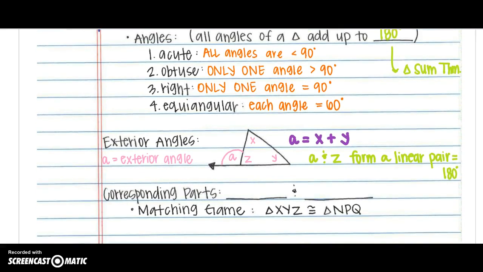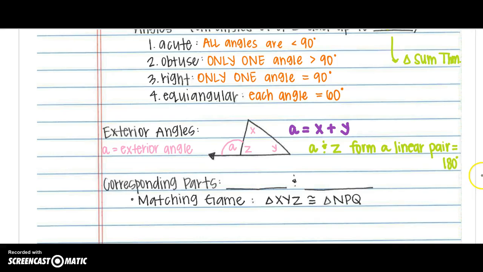All right, we have played the matching game before. Remember, the matching game is when we talk about corresponding parts. So remember, those corresponding parts are the sides can correspond and also the angles. And this is when order matters.